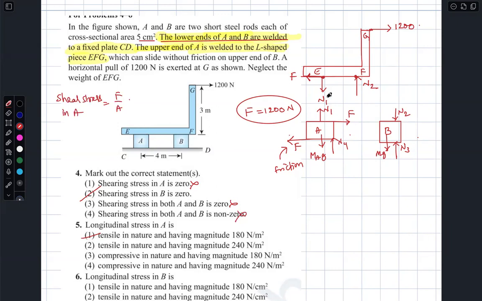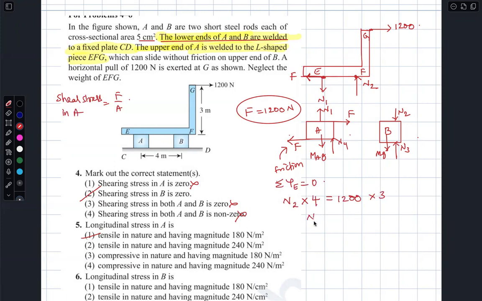About at this point, we will take up the rotational equilibrium. Yes, you can take it. How I will explain: net torque about E is equal to 0. N2 times 4 is equal to 1200 times 3.